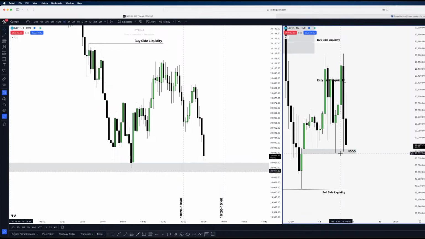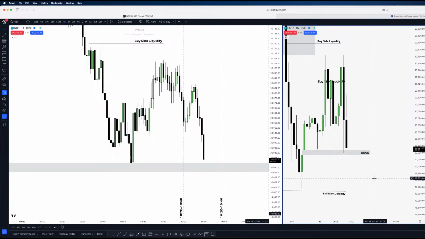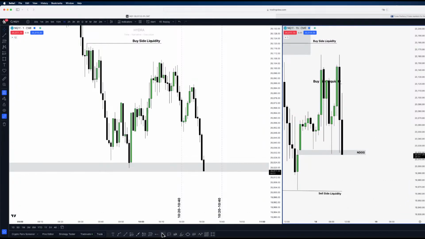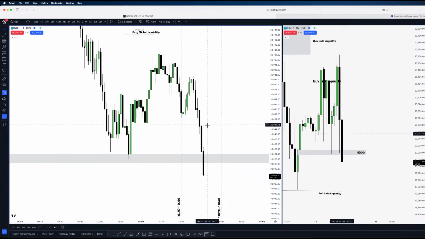Yes. If it's not stopping here, then from here. So by our model, it should be like this, taking the liquidity here and then pushing higher. Let's see why you wouldn't expect the price to run sell side liquidity.